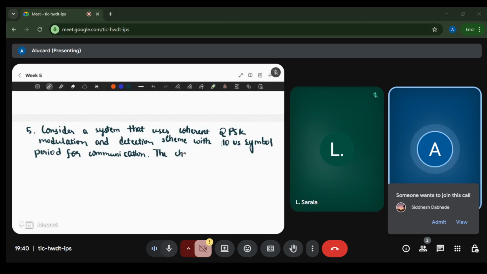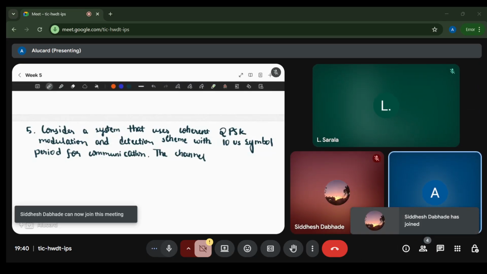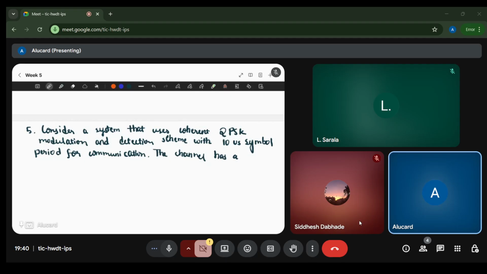The channel has a coherence time of 4 millisecond.